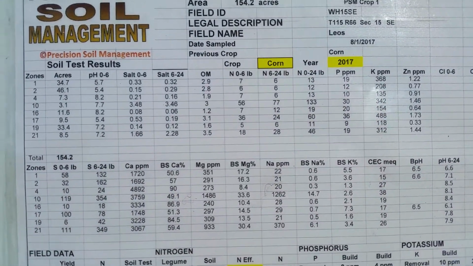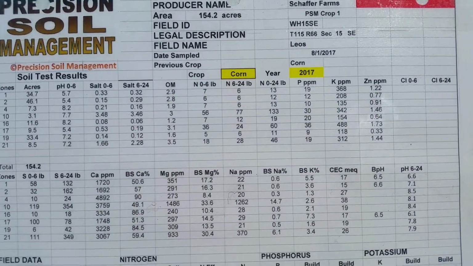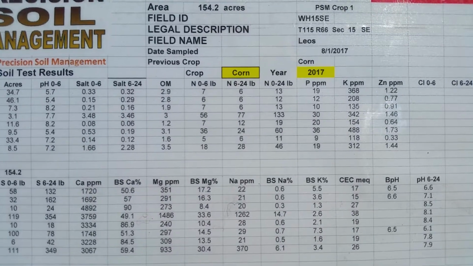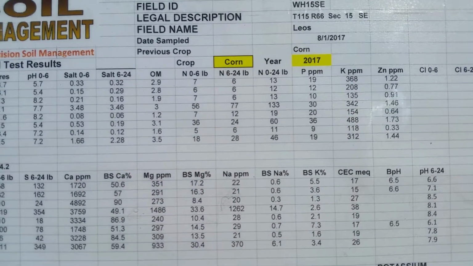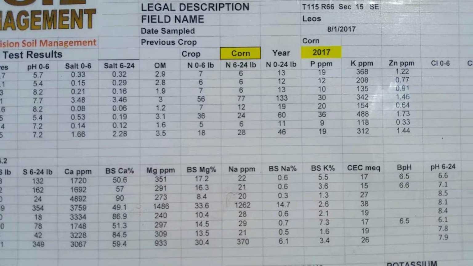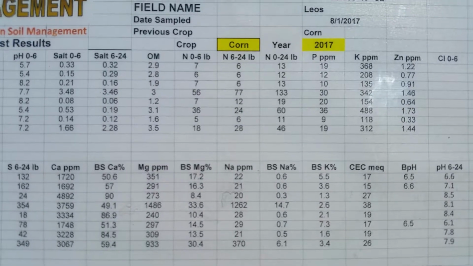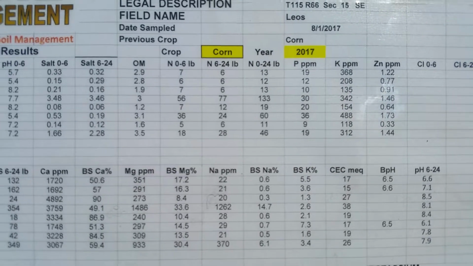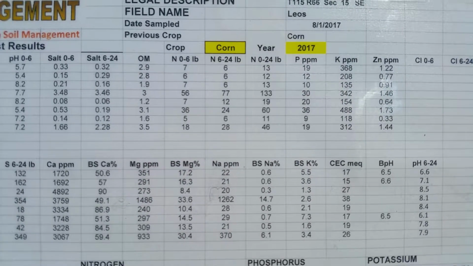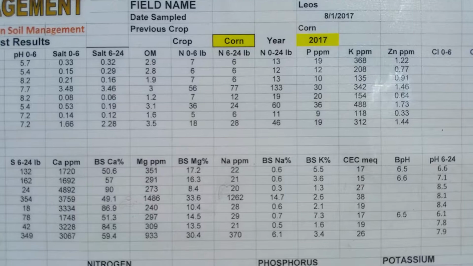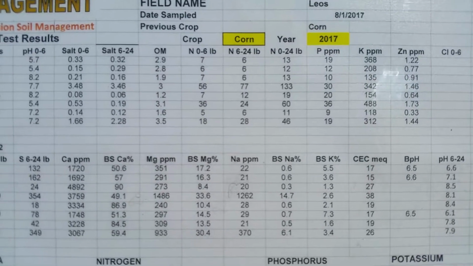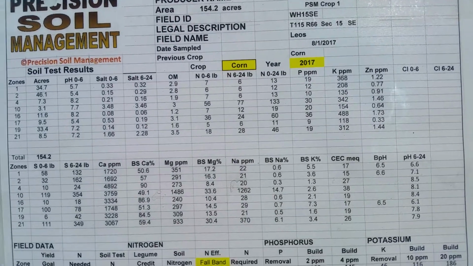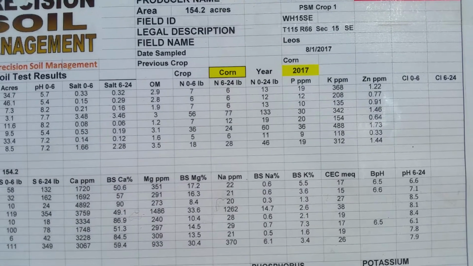P and K, that's the nutrients which are non-mobile, we kind of focus on. They vary from 9 on that sand to a high of 36 in that depression, and that's fairly common. If you see that zone 10, it's got an Olsen phosphorus of 30, which means we've been putting it out there and never harvesting anything off of it.